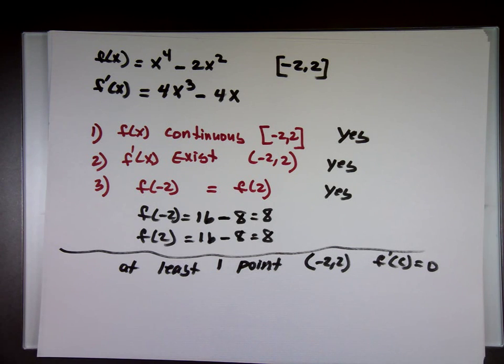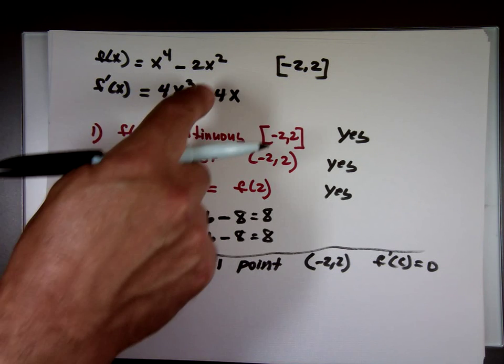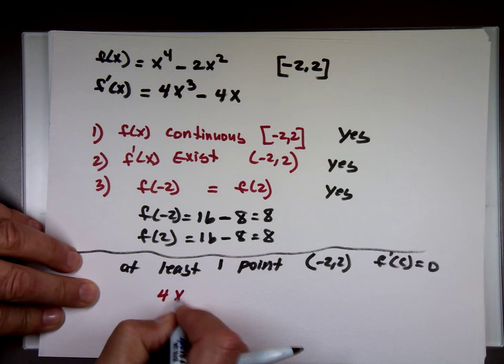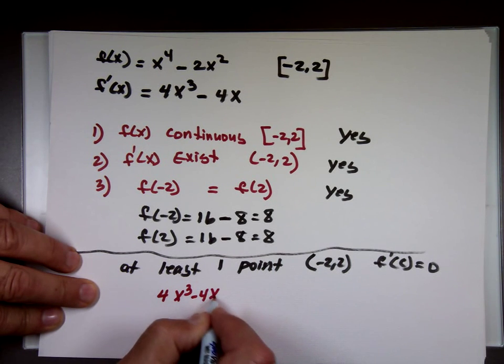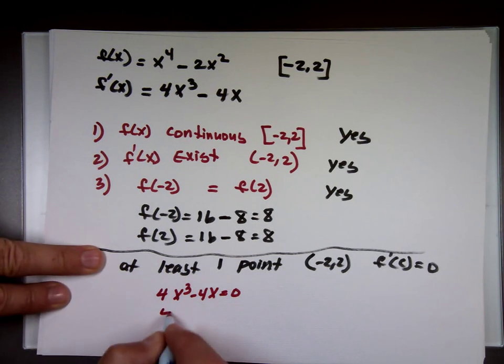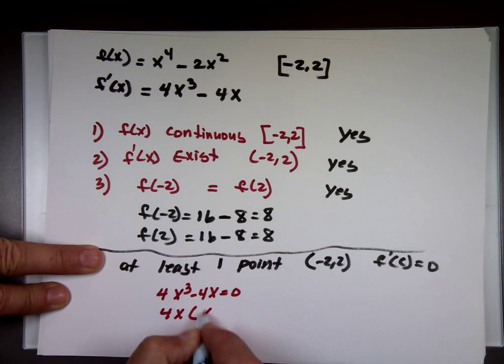Let's see if we can find at least one point. Could be more than one. Take your derivative and set it equal to 0. Factor 4x out, what's left? x squared minus 1.